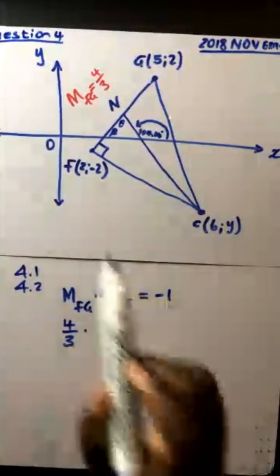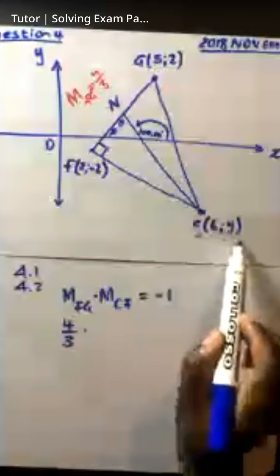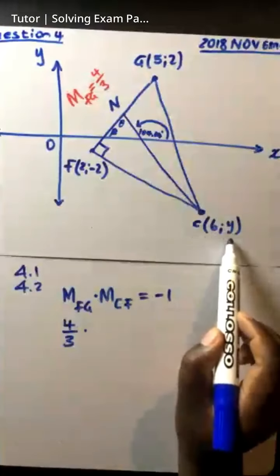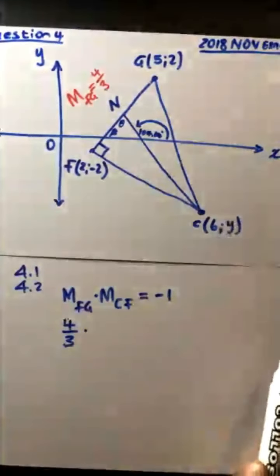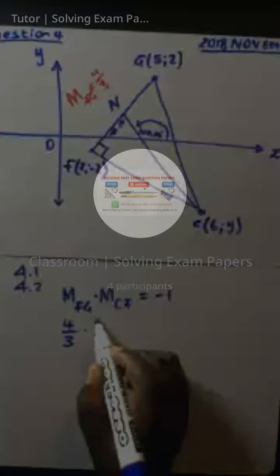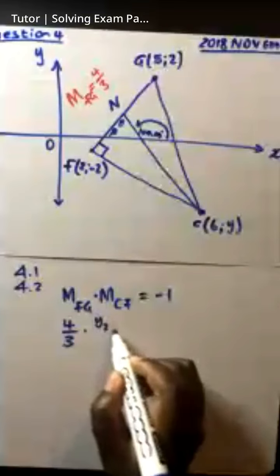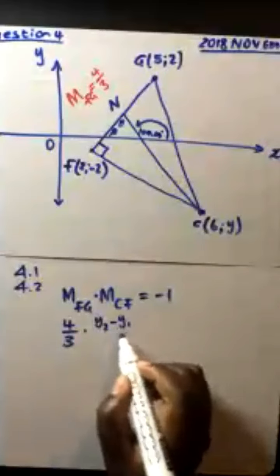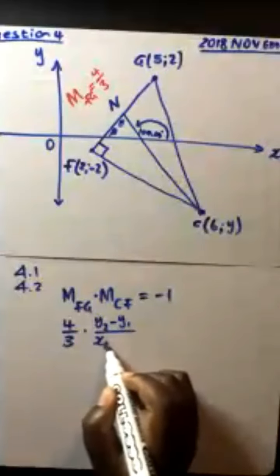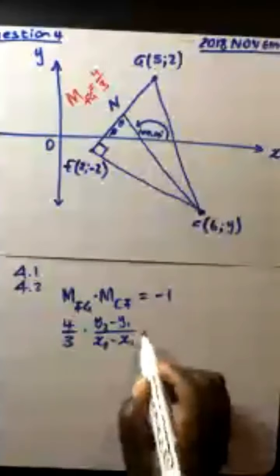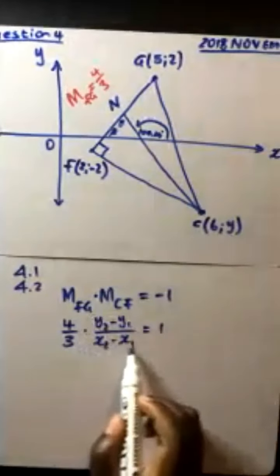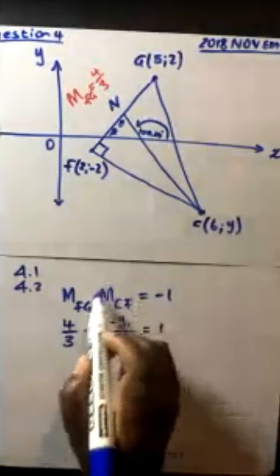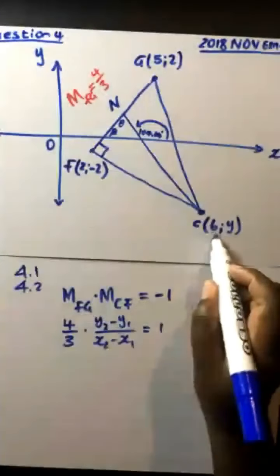Obviously, we've got the F coordinates and the C coordinates, and the C coordinates are in the form of y. So that is why we are going to say y2 minus y1 over x2 minus x1 is equal to 0. So the main aim is to substitute there on the gradient of CF in the form of y.